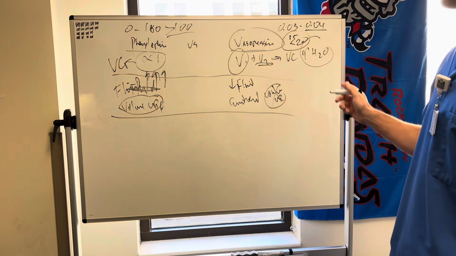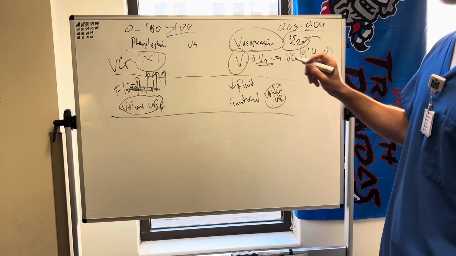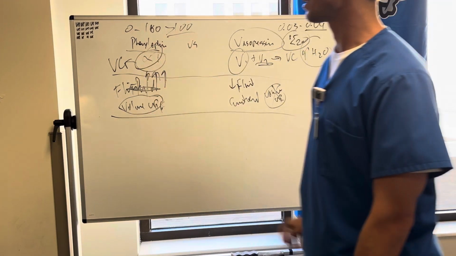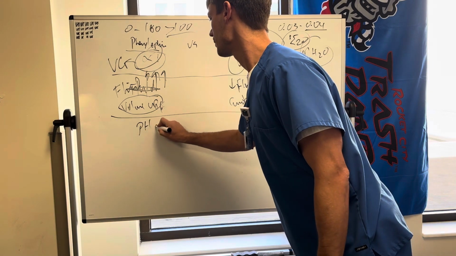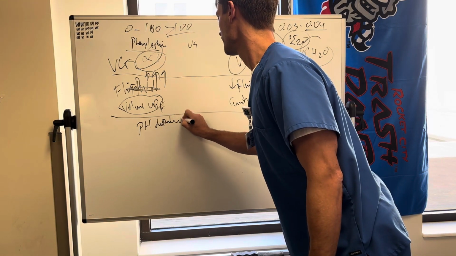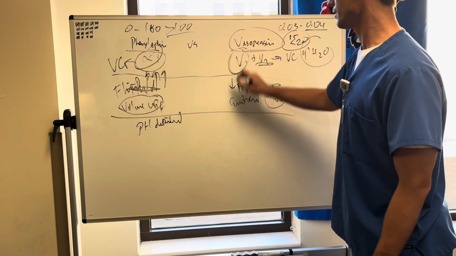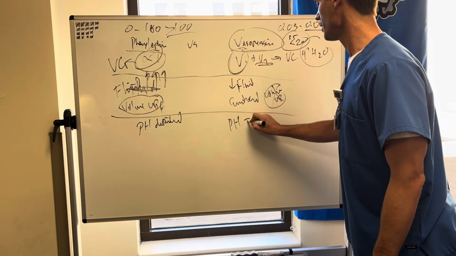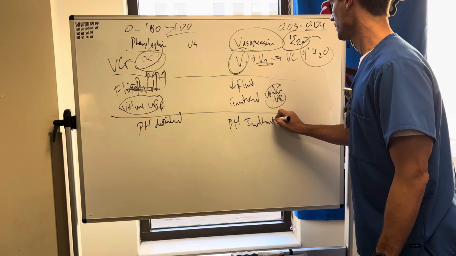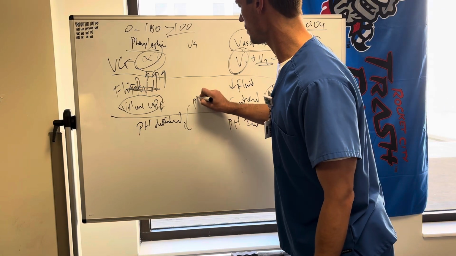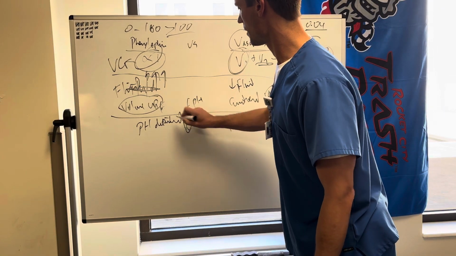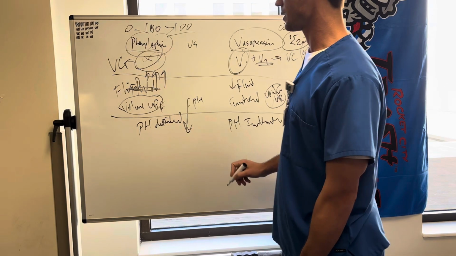The other thing is this receptor is what we would say pH dependent. And this receptor is pH independent. And that means as the pH drops, so as pH decreases, this becomes less effective.